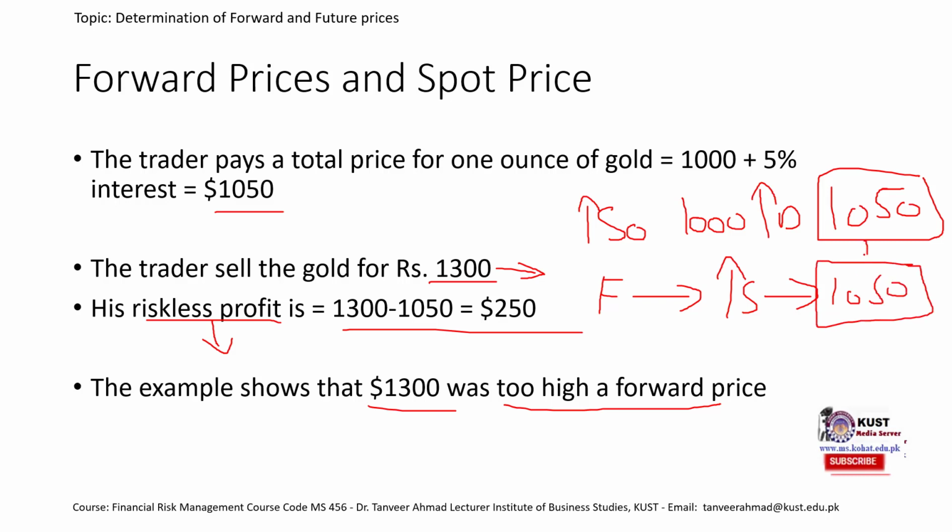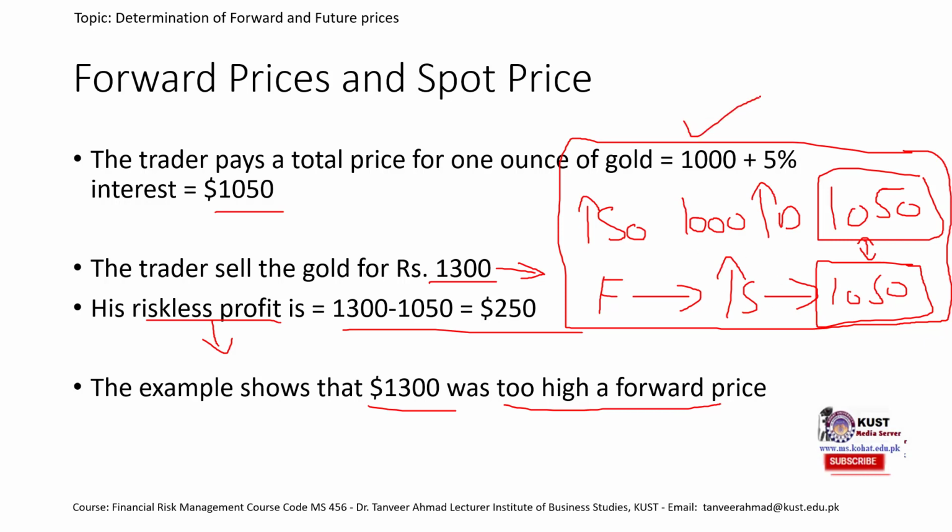So at this price, 1,050, there would be no arbitrage opportunity, and what we have currently developed is the theory behind the pricing of the forward contract. So we are saying that in an efficient market, this would always be the situation. The prices would always be such that there is no arbitrage opportunity for the arbitrageurs. Now we need to develop the formula.